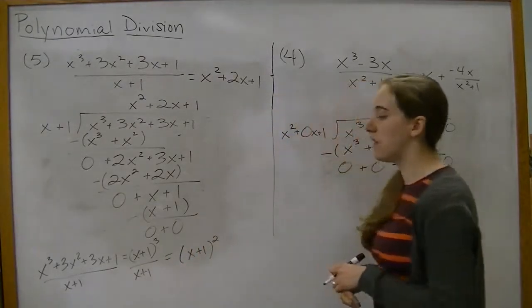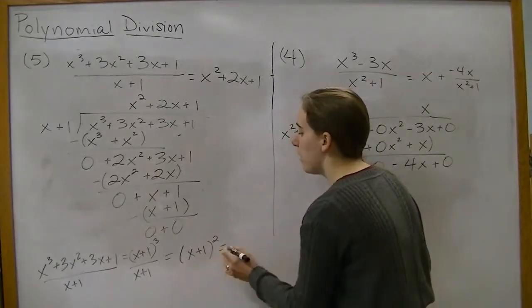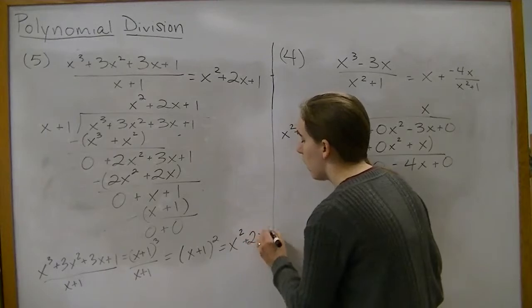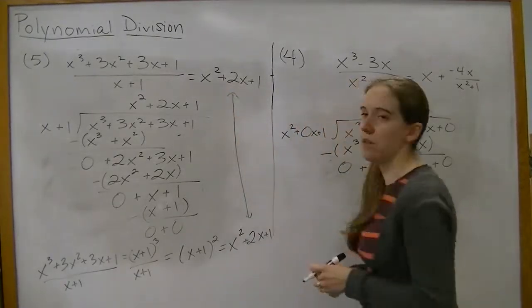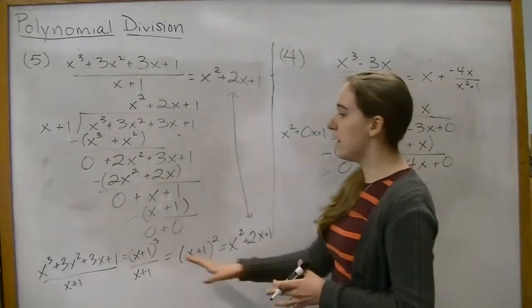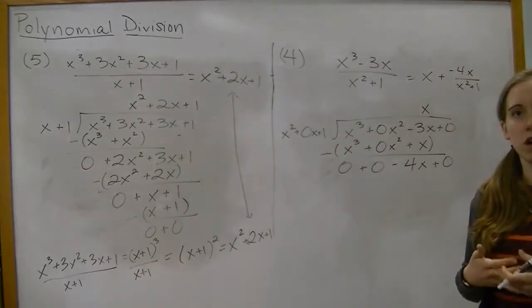So what we're left with is x plus 1 squared. Well, when we square this, if we actually multiply it out, we get x squared plus 2x plus 1, which we can see is exactly the same thing we got doing the long division way. So we can see that factoring and division, polynomial division, work nicely together.